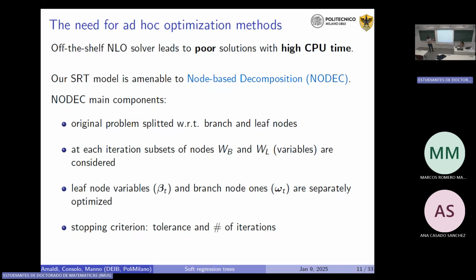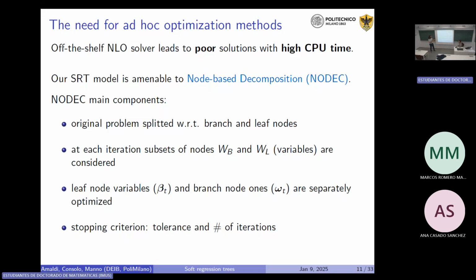The good part of our objective function is that it is amenable to decomposition, because since we have distinct predictions associated to distinct leaf nodes, we can train the model by decomposing it with respect to the nodes. At each iteration, we select only a subset of variables that we want to optimize, keeping fixed all the others.